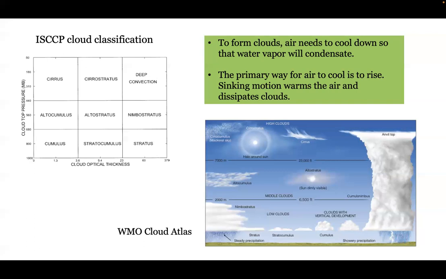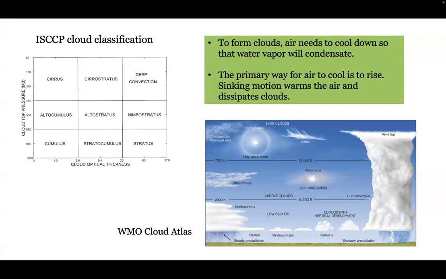You could cool them by putting them on a cold surface. That happens in some situations, but in 99% of situations the cloud forms because there is a rising motion. So in that sense, cloud can be taken as a tracer to trace air motion.